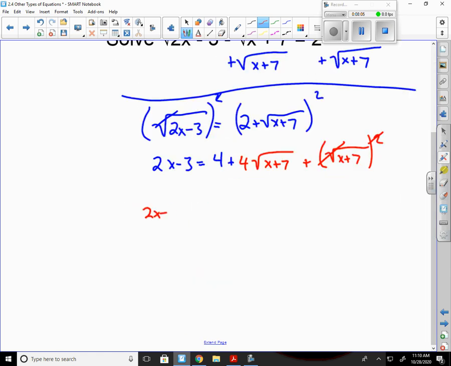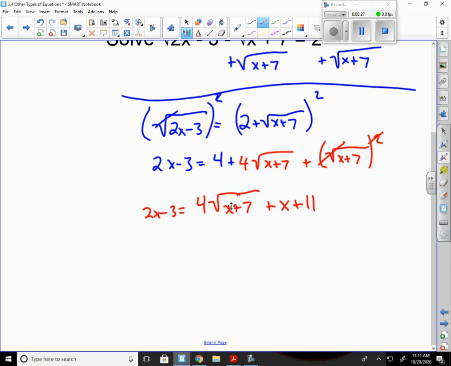So I have 2x minus 3 equals 4 times the square root of x plus 7. By canceling this square root out, I'm just left with x plus 7, so I can combine that with my 4. So plus x plus 11, because 7 plus 4 is 11.